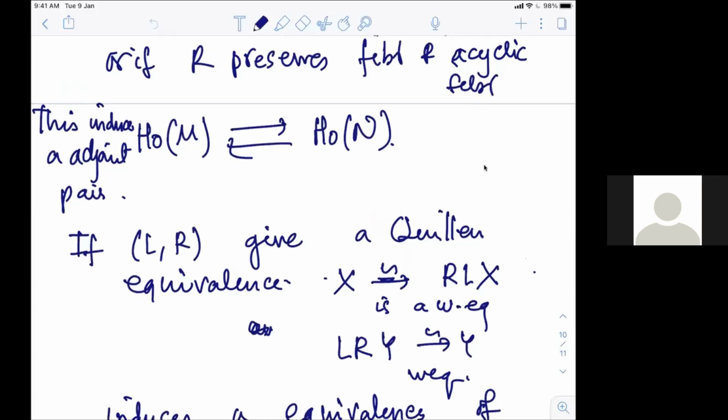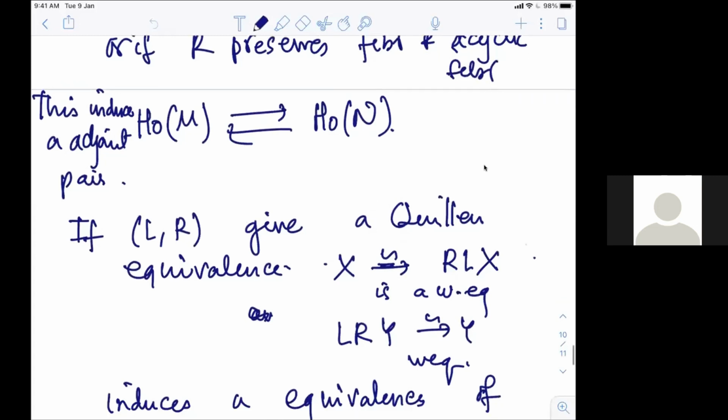Surajit, what was your comment? Maybe he's not here. Okay, so maybe this has to be for all fibrant, cofibrant objects, but I will correct it in the slides if that is an issue. I will fix that later in the slides.